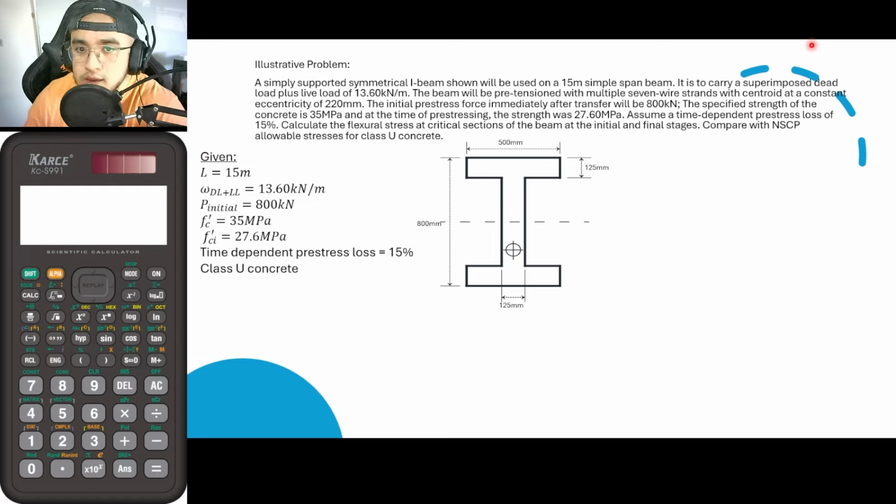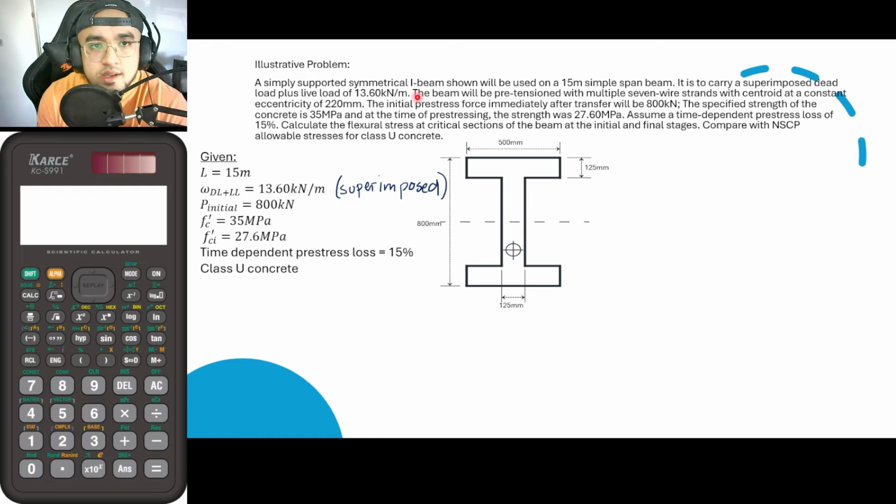So meaning that the weight of the member itself is not included. So once again, let me write here superimposed. Meaning in Filipino, nakapatong lang siya. Hindi pa po kasama yung timbang ng beam mismo.